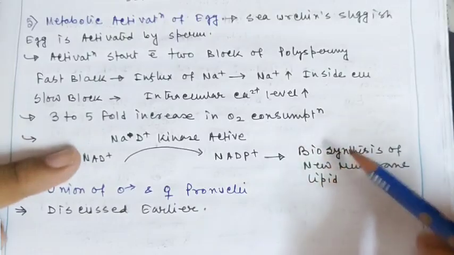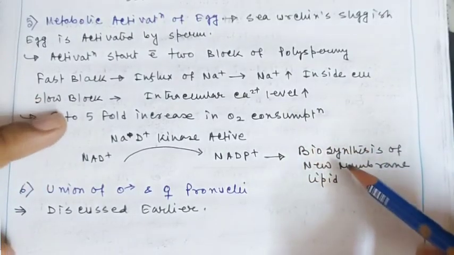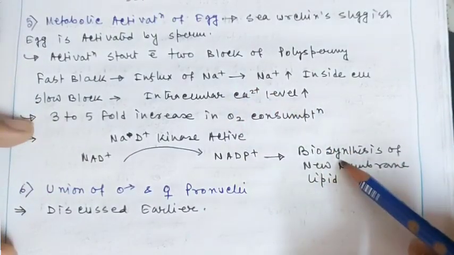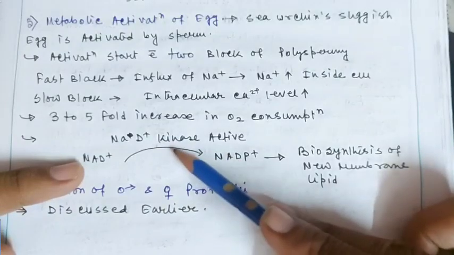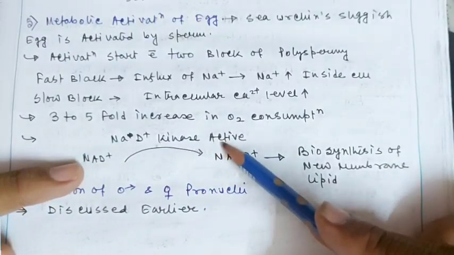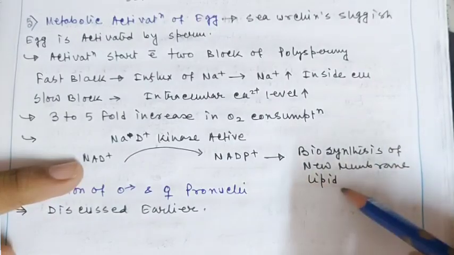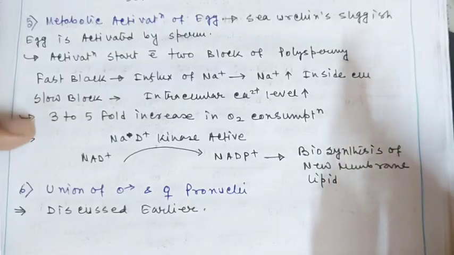During the time of cleavage, the membranous components must be synthesized, and this occurs due to the first block and the slow block of polyspermy, because NAD+ will be converted into NADP+ by a special enzyme called NAD+ kinase, and this causes the biosynthesis of new membrane lipid, and this will help in the next stage, that is the cleavage process.